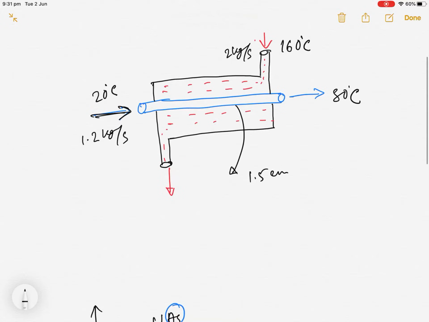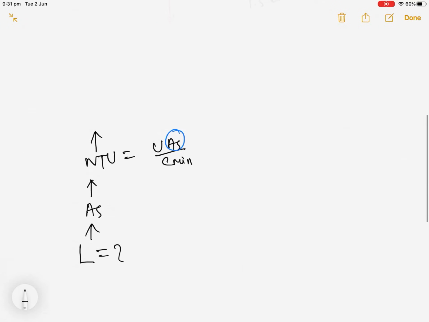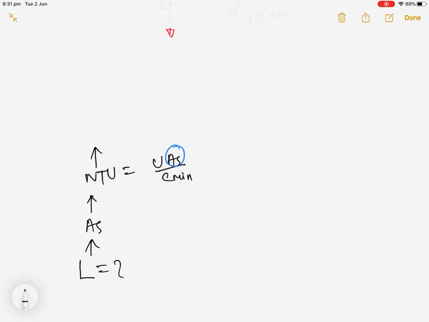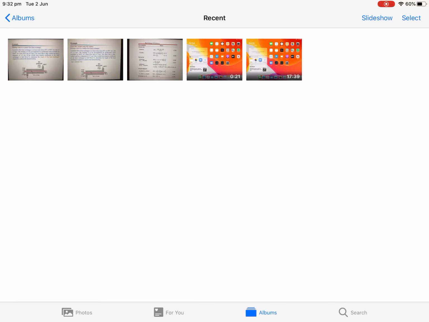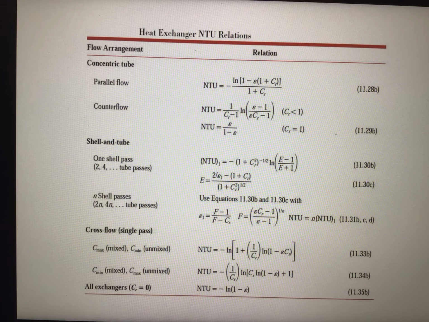And in this case, we are solving the problem. You see, the cold fluid is going this way, the hot fluid is coming from the other way. So it is a counter flow heat exchanger. So we will get the NTU expression for the counter flow heat exchanger. It is 1 over C minus 1 times ln of (epsilon minus 1) over (C epsilon minus 1). I will show you for the counter flow heat exchanger. Okay, just a second.